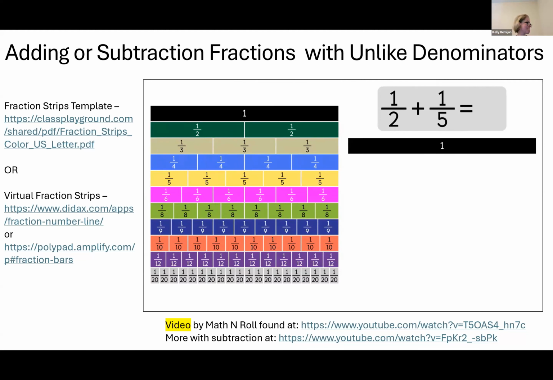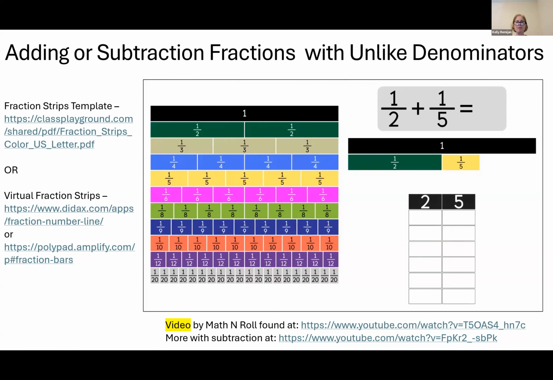Now let's put the 1/2 strip and the 1/5 strip next to each other. To find the common denominator, we're going to use multiples. Let's list the multiples of 2. 2, 4, 6, 8, 10, and so on. Now let's list the multiples of 5. 5, 10.